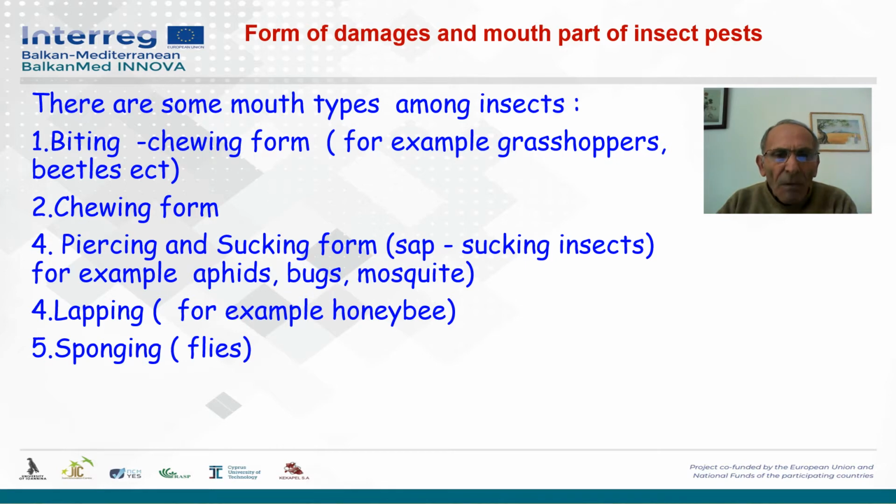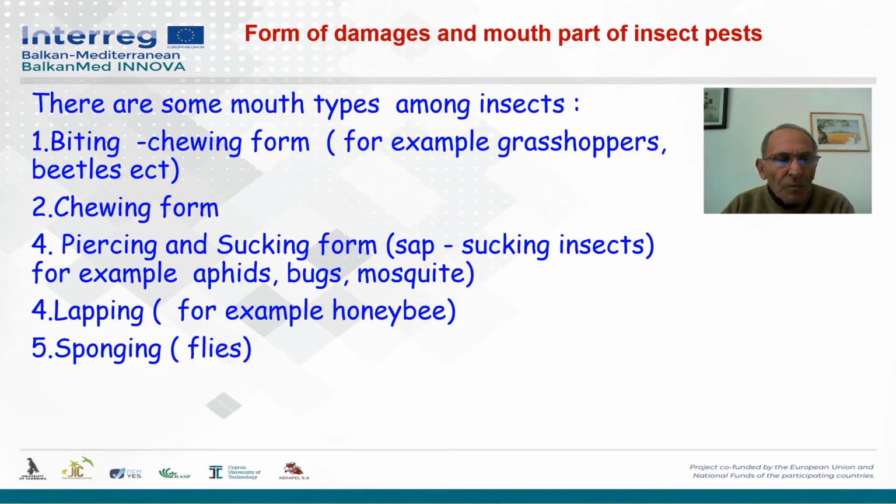There are some mouth part types among the insects. One form is the biting-chewing form. For example, grasshoppers and beetles have such mouth apparatus. Then the piercing and sucking form, sap-sucking insects for example.